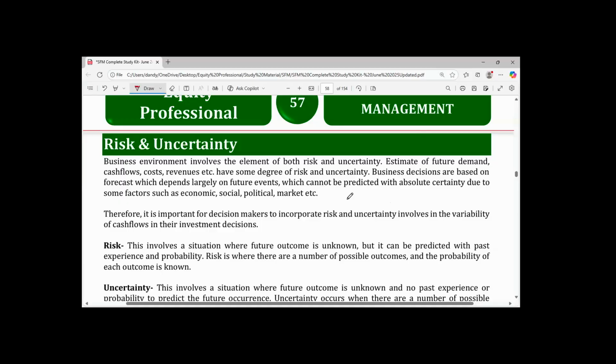Risk is a situation whereby the future outcome is unknown, but it can be predicted with past experience and probability of occurrence. When you are using past experience to project what the future outcome will be, that is a risk. Say, for example, as a company, in 2024 we made sales of about 100 million naira.